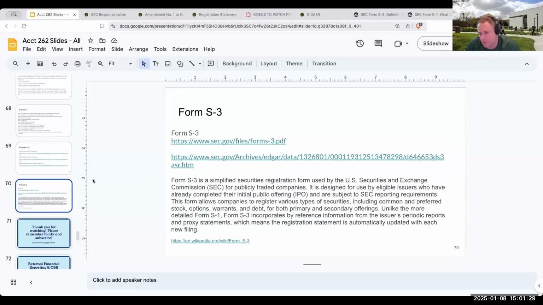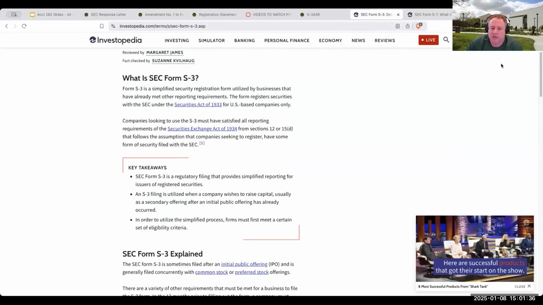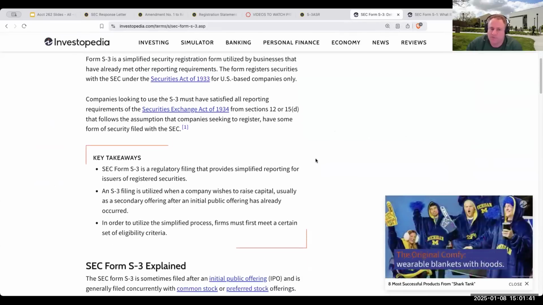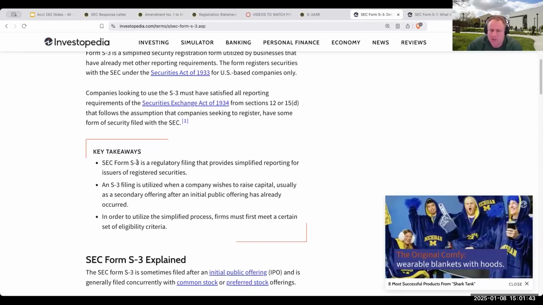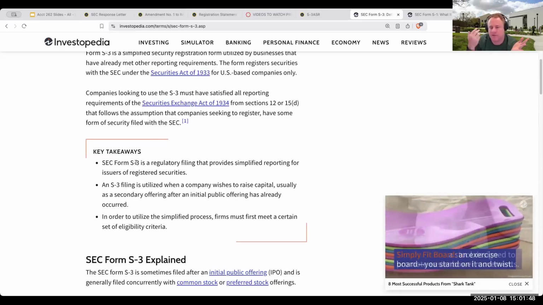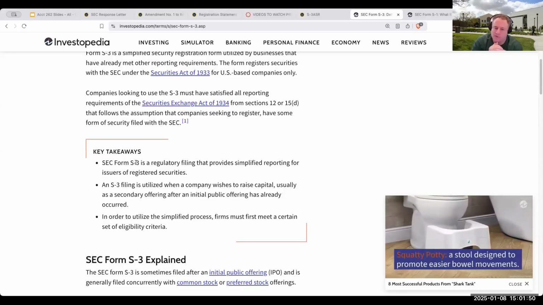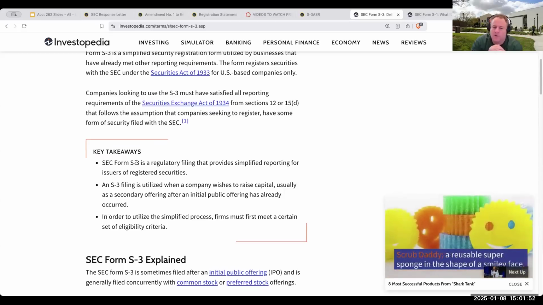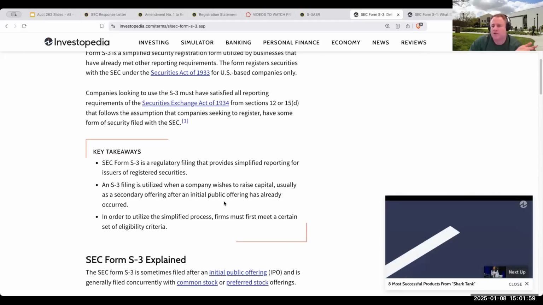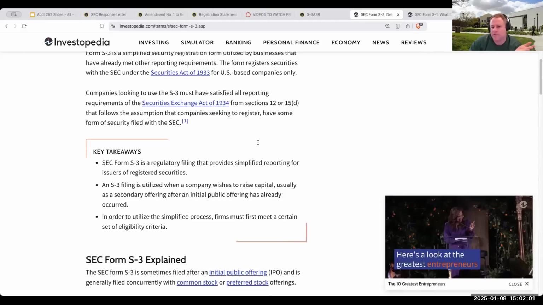And the answer is no. One of the benefits of being publicly traded is that you can use what we call a shelf registration, or a Form S-3, which gives the ability to create shares and then the company just sells them at different increments or points in time. So this is usually going to be after a secondary offering or after an IPO has already occurred. And it's much easier for the company to do this.